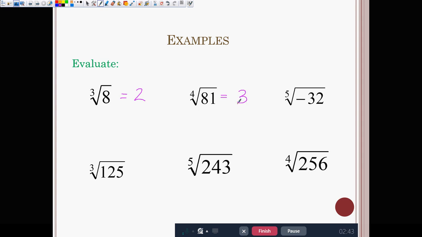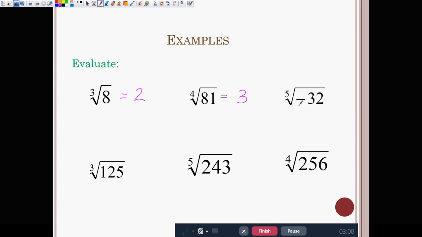Okay, so now I need to find a number. Alright, so remember beforehand when we had a square root and we had a negative sign on the inside, it is no solution. However, this number is odd. So that means that I can have a negative number on the outside, because when I multiply something 5 times, it can end up negative. Okay? So let's try.